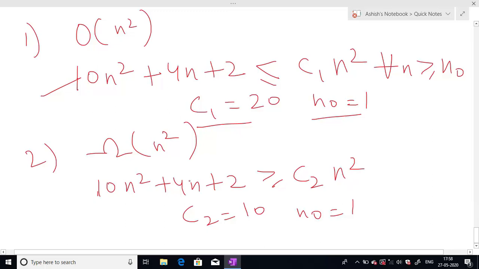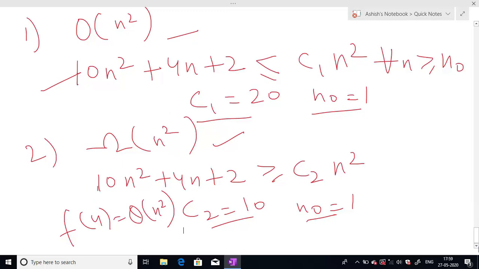That is true. If we take n equal to 2, then also this condition will be true. So we can say that for c1 equal to 20 and c2 equal to 10 and n naught equal to 1, our function is both big O of n square as well as big omega of n square. Hence we can say that our function is theta of n square.